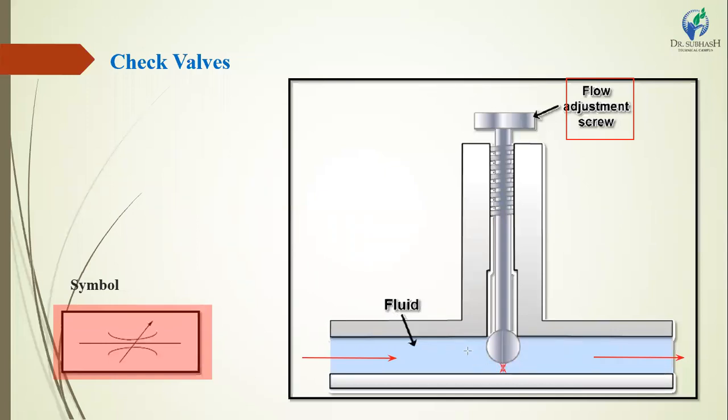This is the area of opening, which decides how much working fluid can pass through the valve. The adjustment screw lets us vary the flow, so in the symbol we give one arrow direction, meaning a variable restriction FCV. This portion is the body of the FCV. This is the normal type of FCV.